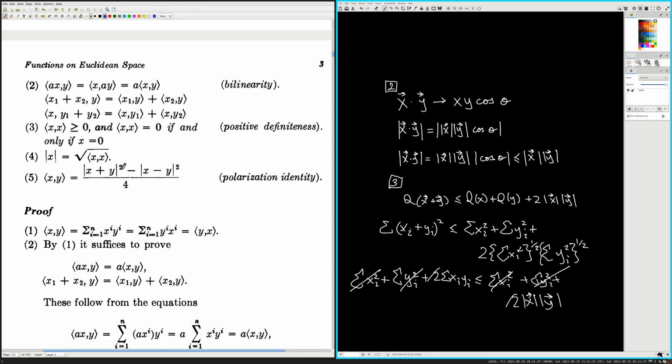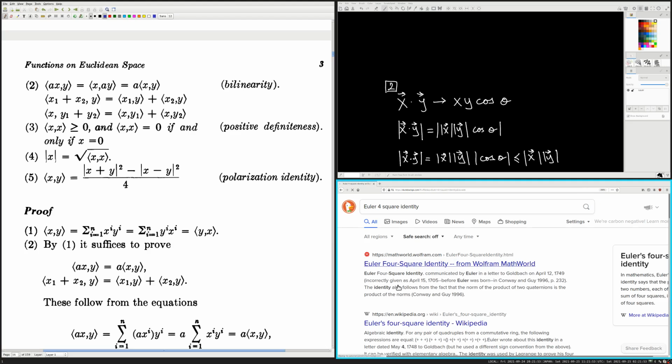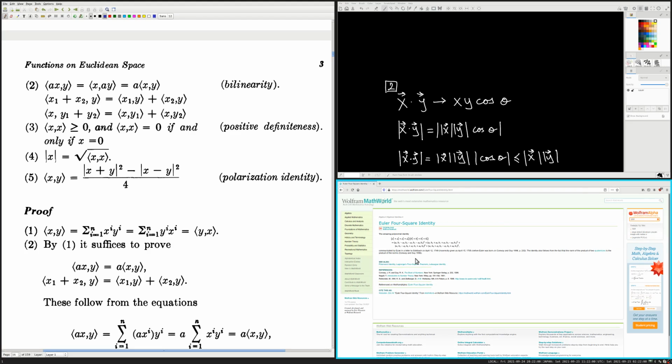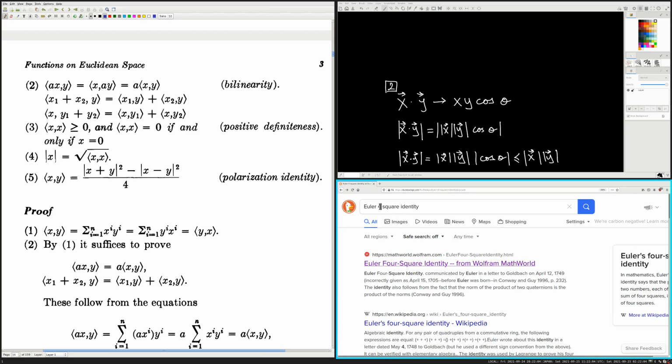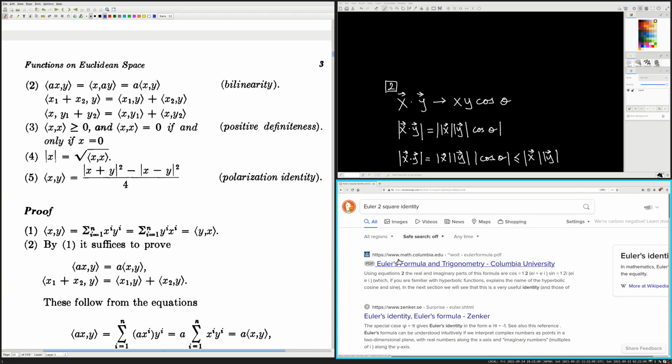Oh, there's polarization. Hilbert, damn it, I think it's the Euler four square identity. Let me look that up. I think it's the same identity. Nope. Is it the two square identity, maybe? I don't know.